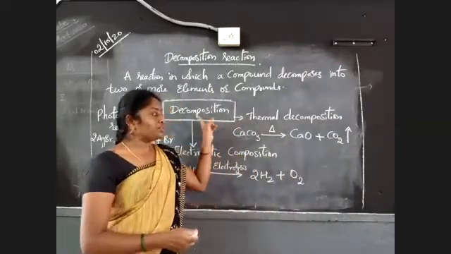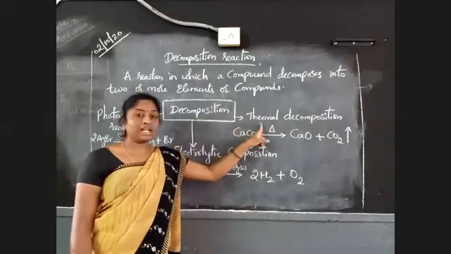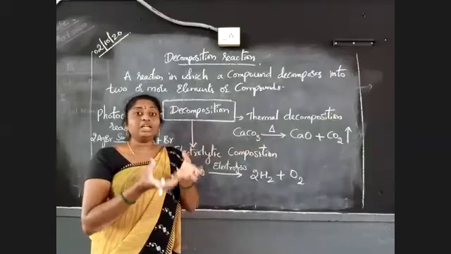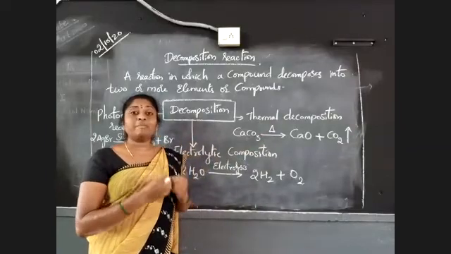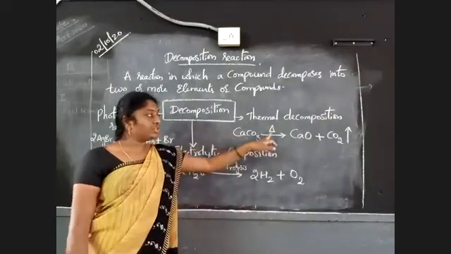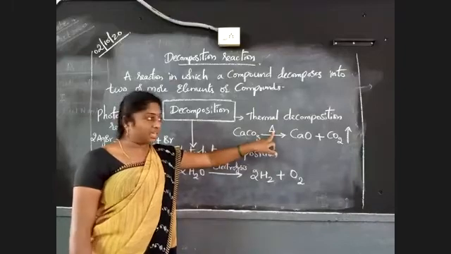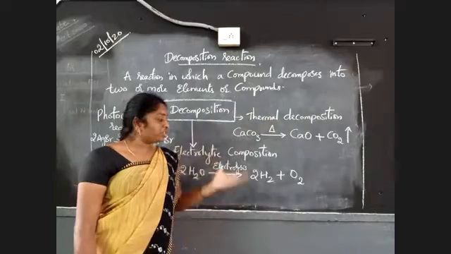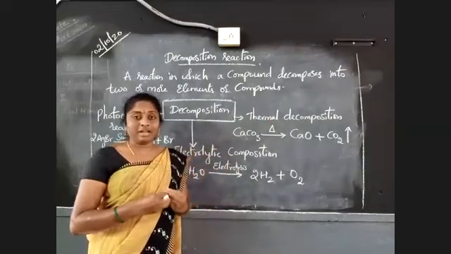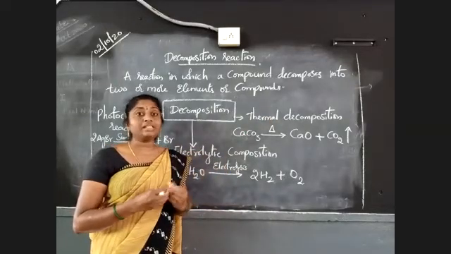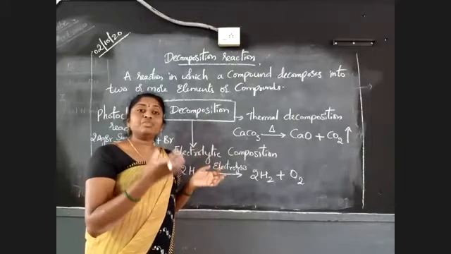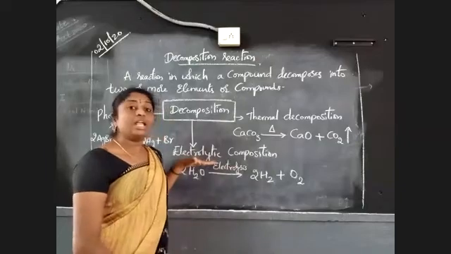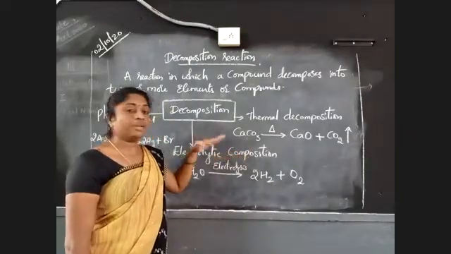When it absorbs heat, we call it thermal decomposition. When the decomposition takes place in the presence of heat, this symbol indicates heat. Suppose it is caused by electric current; electric current indicates electrolysis, so we call it electrolytic decomposition.